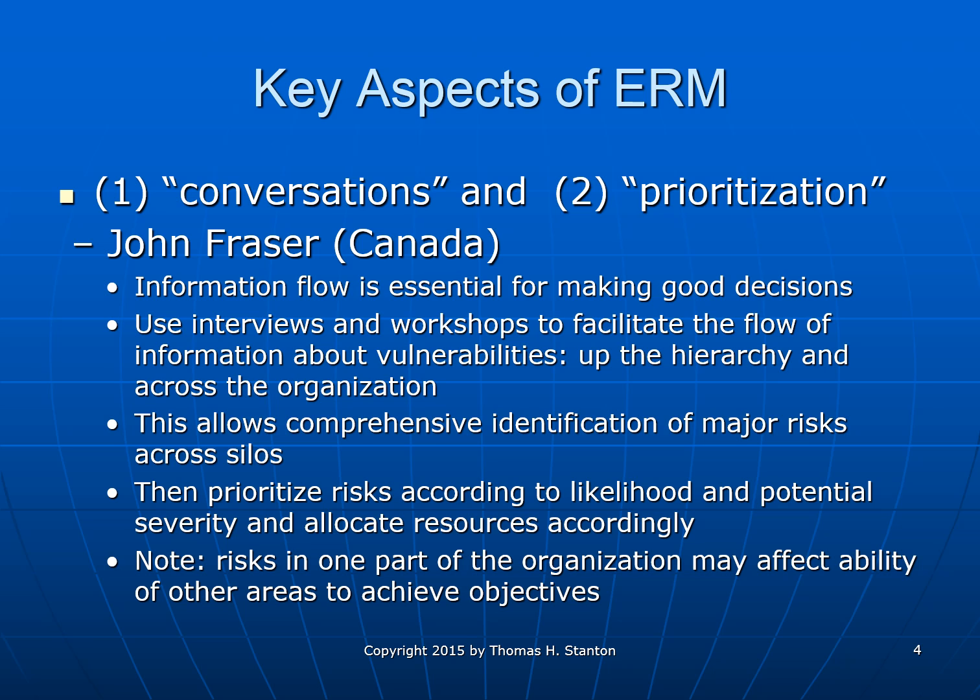Once you have a good idea of the major risks that exist in the organization, then you can prioritize risks according to their likelihood, according to their potential severity, and begin to allocate resources accordingly.